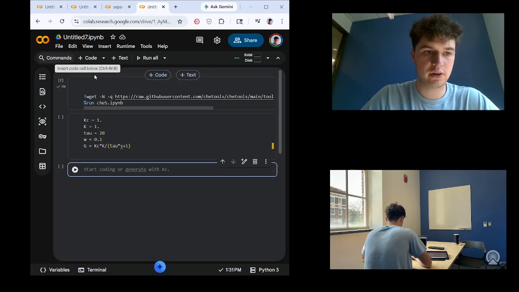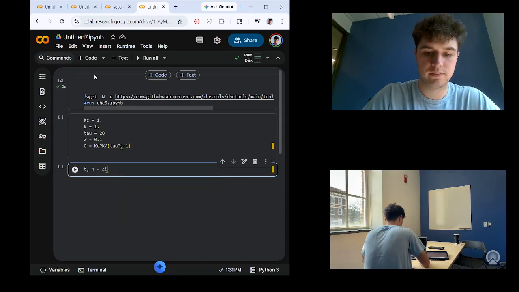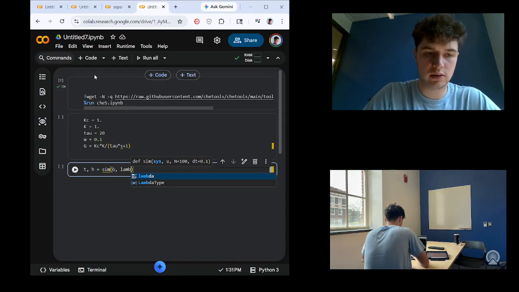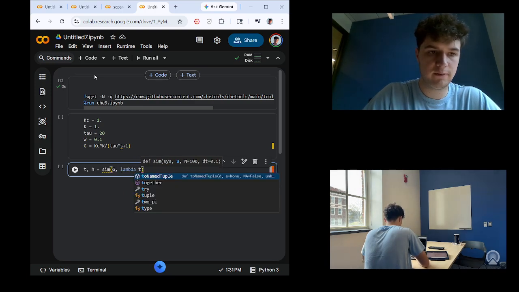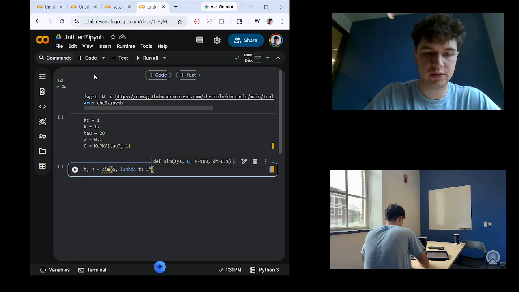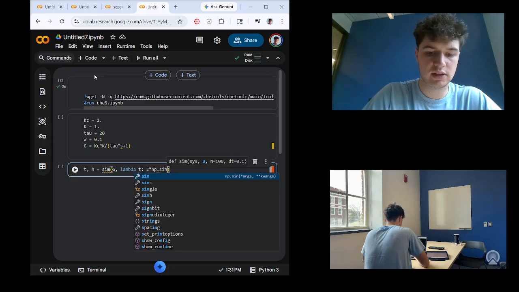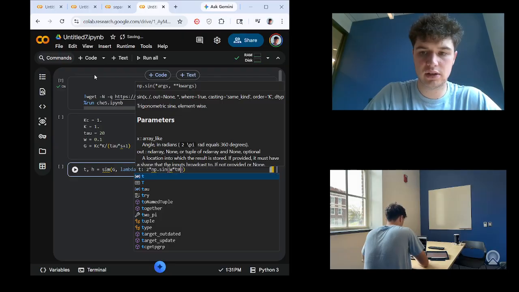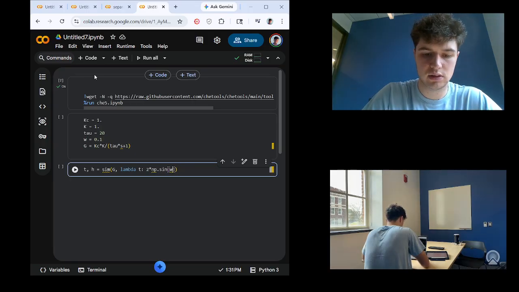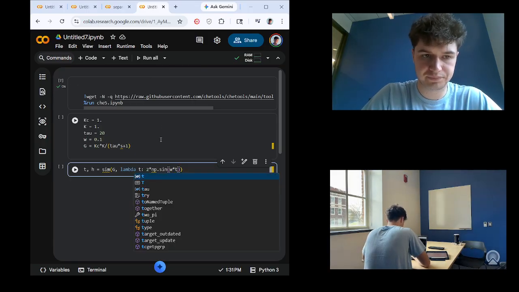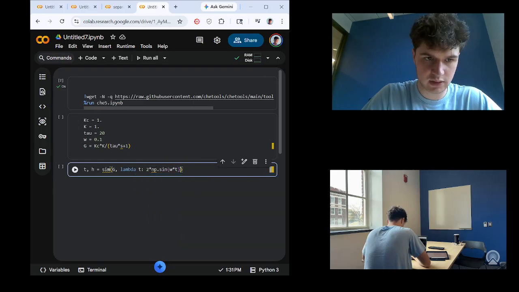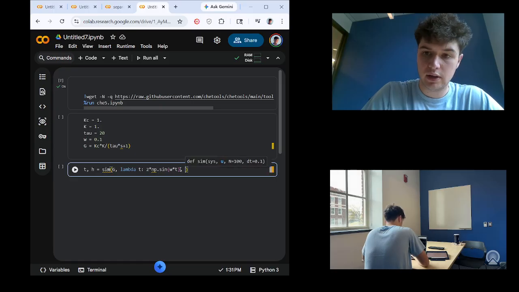Then we need to add another line of code, and that would be t and h are equal to sim of g lambda t 2 times np sine of w times t, n equals 1000, dt equals 0.5.